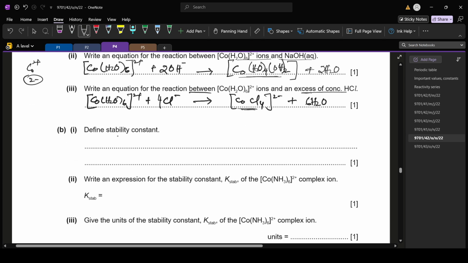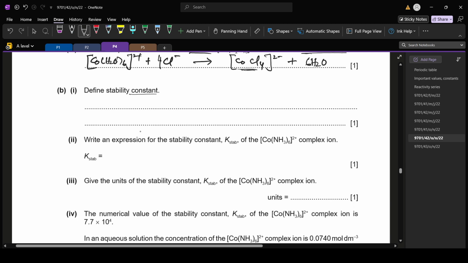Now define the stability constant. It's actually K stability, the stability constant.